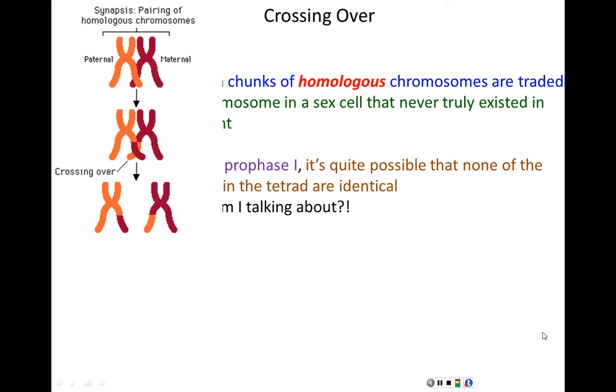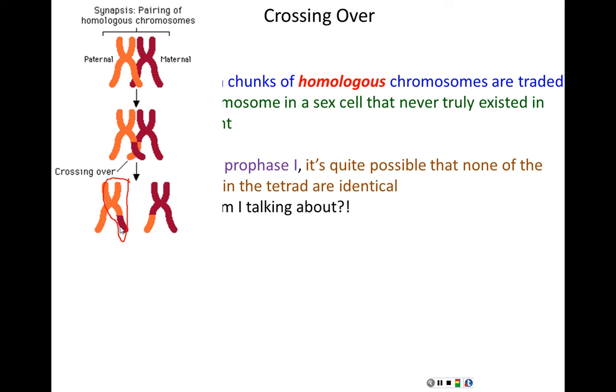But if I give this, let me go back to my little drawing tool, if I give this chromosome, once it's separated, this chromatid, to my daughter, I'm passing on a chromosome that is largely my dad's with some of my mom's information on it.